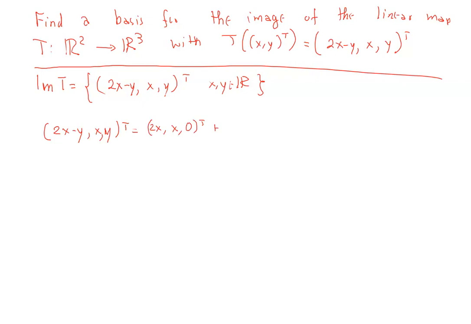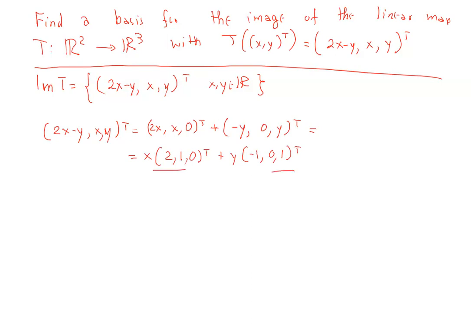You choose fewer of them. And this is a pretty tricky process. However, we're going to develop tools that are going to make it as simple as anything. So this will be X times (2, 1, 0), plus Y times (negative 1, 0, 1). And here are your two generators.